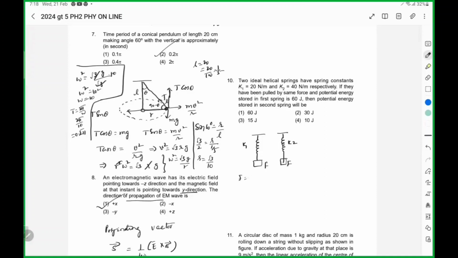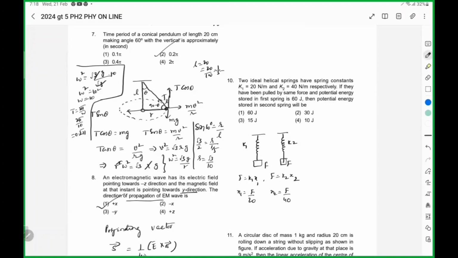So F will be K1 x1, same F here is K2 x2. So here x1 is F by K1, 20, x2 is F by K2, 40.